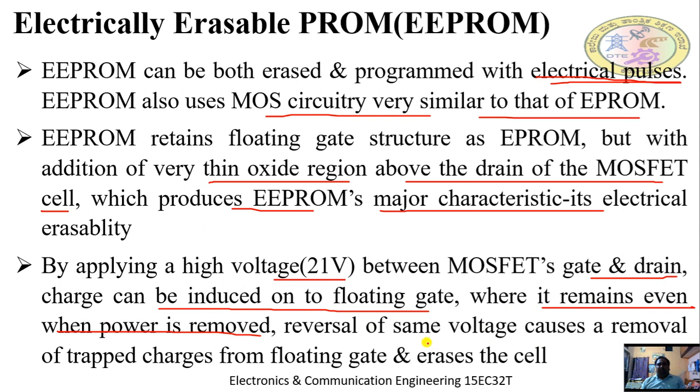The reversal of the same voltage causes the removal of trapped charges from the floating gate and erases the cells. By applying plus 21 volts, I can make the charges remain trapped between the control gate and floating gate. By reversal of the voltage, by supplying minus 21 volts, the same trapped charges can be removed. So this is how we erase the content.